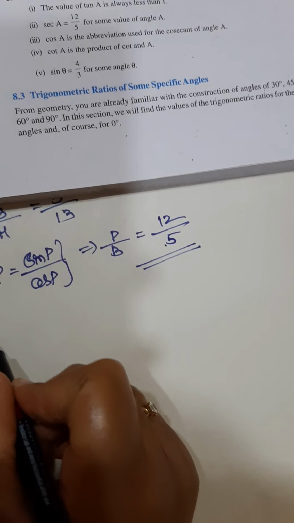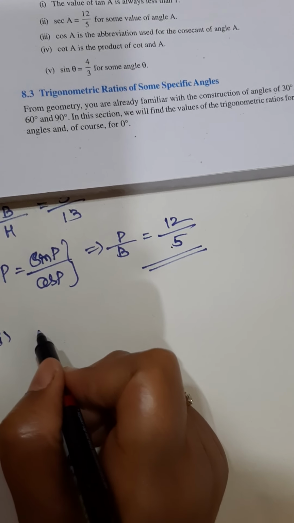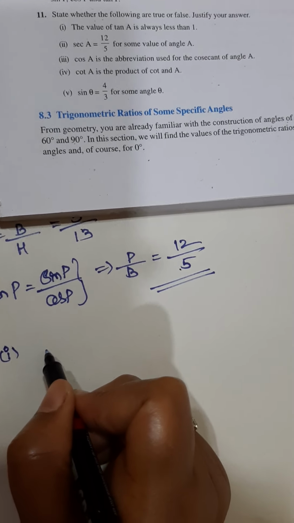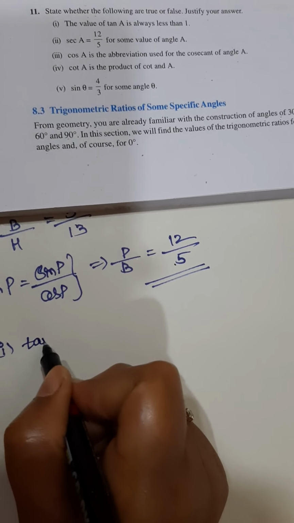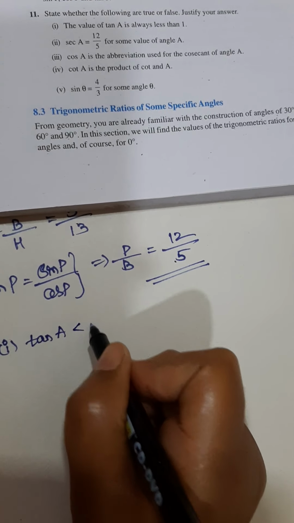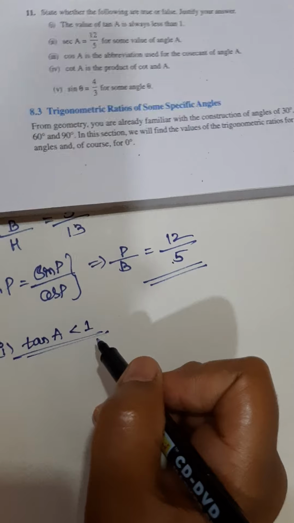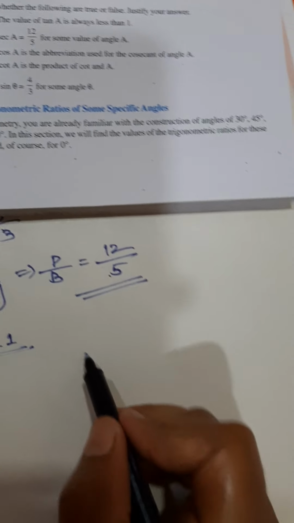In the first one, what they have given is: the value of tan A is always less than 1. This tan A value must always be less than 1, it seems.